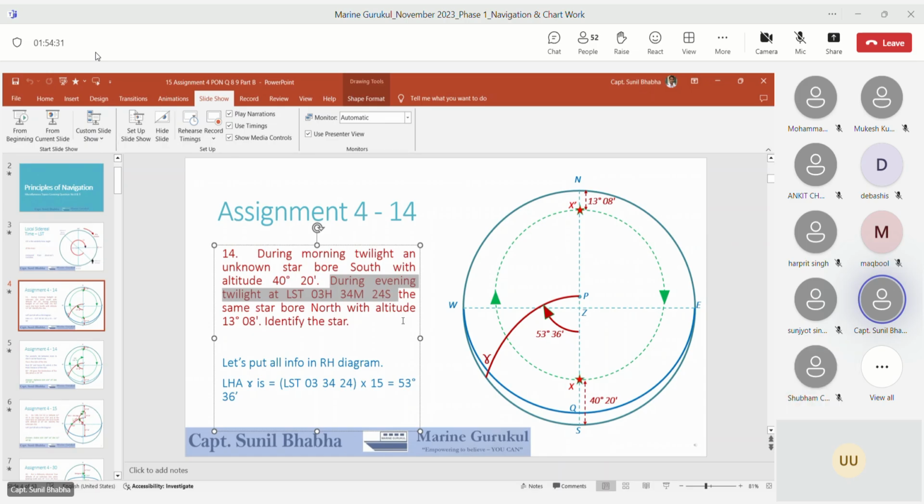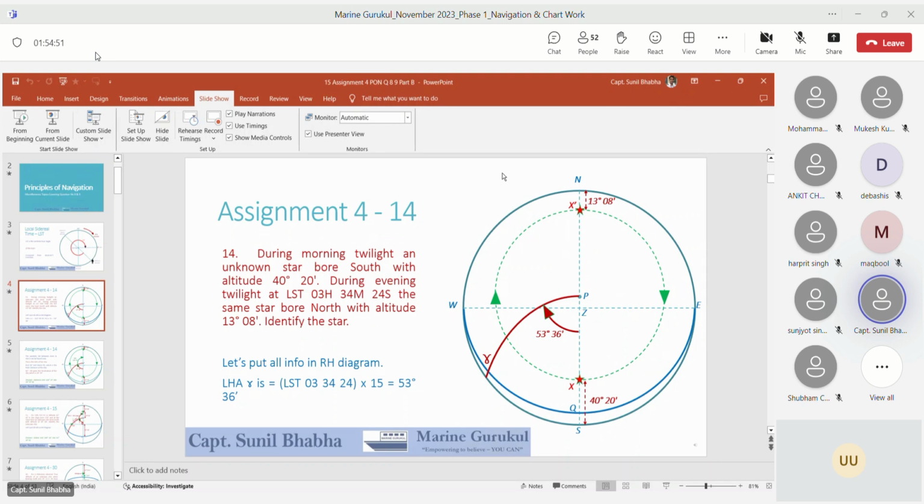And at that time the star was bearing north. So we have to find the difference of Aries from the star in the X dash position. You cannot compare it with X. Understood sir, clear.